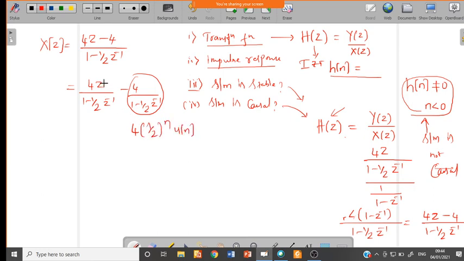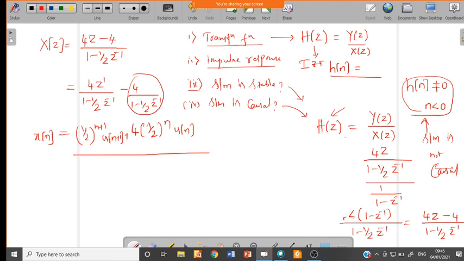Okay, so since there is a z, this z power 1 leads to half power n plus 1 into u of n plus 1. So this is actually the x of n. Now we can take the denominator, it will become z inverse, and you can multiply and get n plus 1.